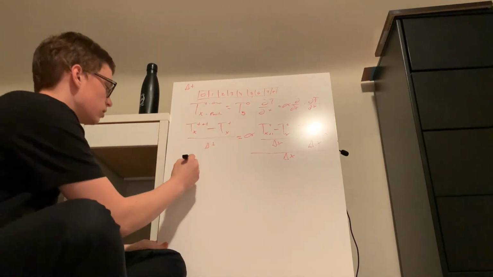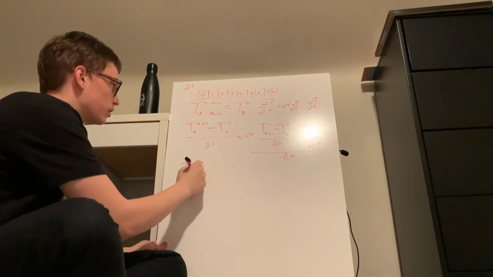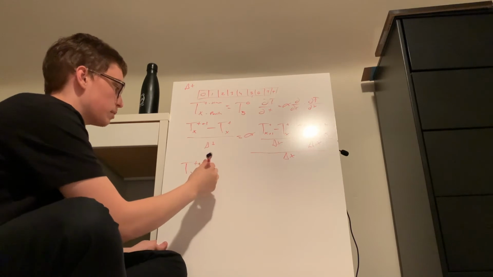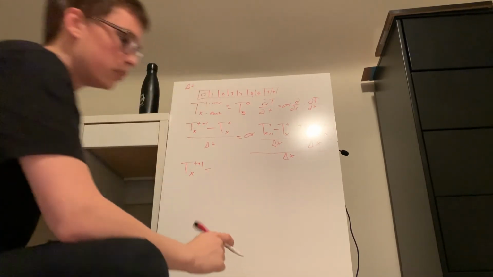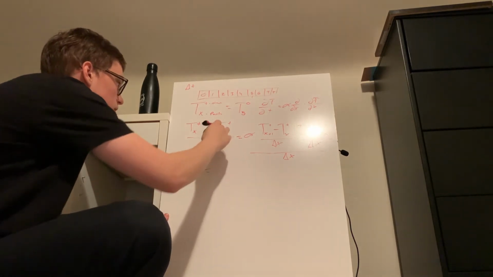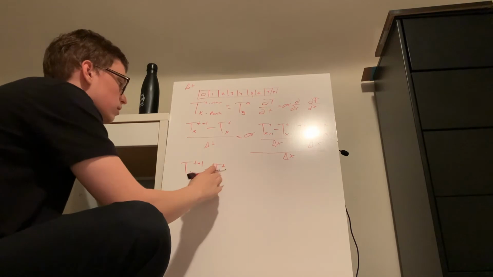So we basically get our t plus 1 at a specified position on this side, and now we get our tx, right?